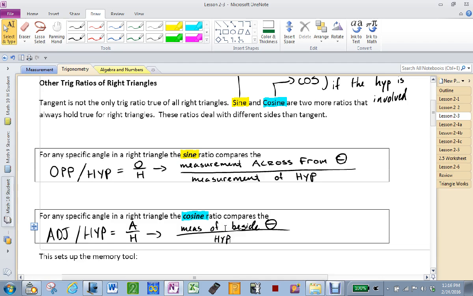Well, it's not anything but the hypotenuse, is it? Can the hypotenuse change? No. No matter where I go on the triangle, is the hypotenuse always the same? Yeah. So we don't ever change that one. The adjacent is the other leg that isn't the hypotenuse.